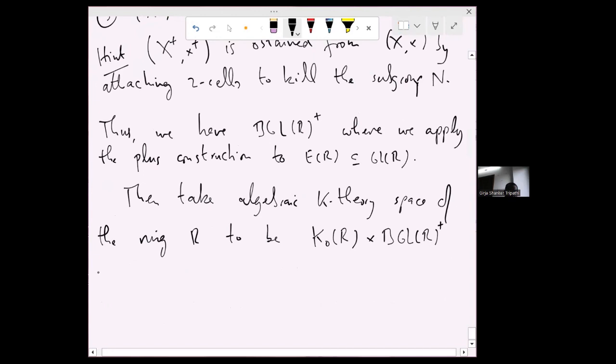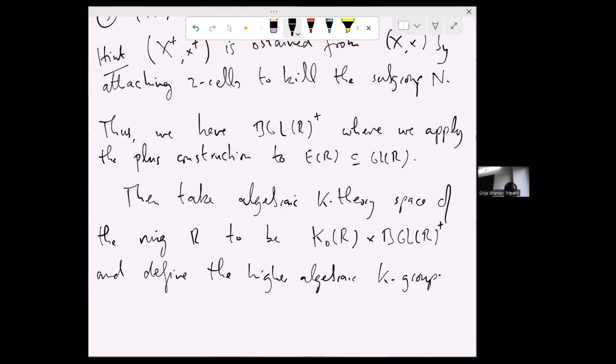Yes, and define the higher algebraic K groups of the ring R as homotopy groups of this space.